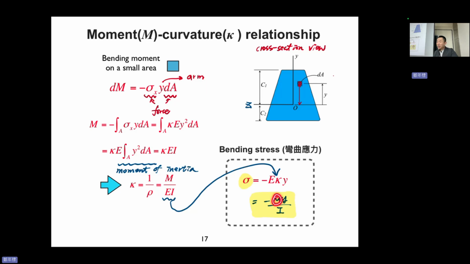Also the y here means all the points at different levels of height of the cross section, you can determine the corresponding stress. And sigma also relates to the moment of inertia of that cross section. That's it.